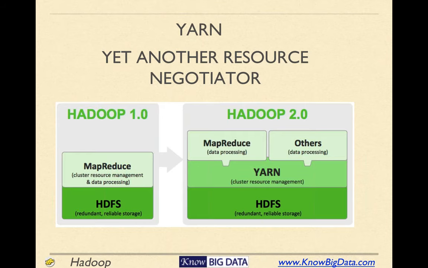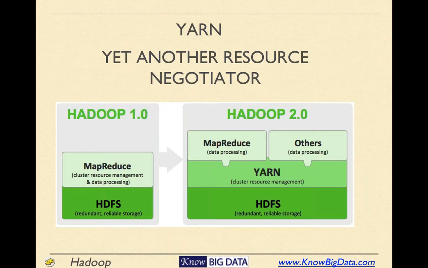Therefore this MapReduce was very limiting, because it was a single system containing both, and this job tracker, task tracker was only used by MapReduce kind of jobs. Therefore it was a monolith, meaning a single system which is non-separable.